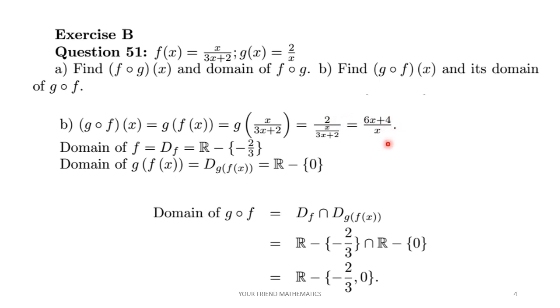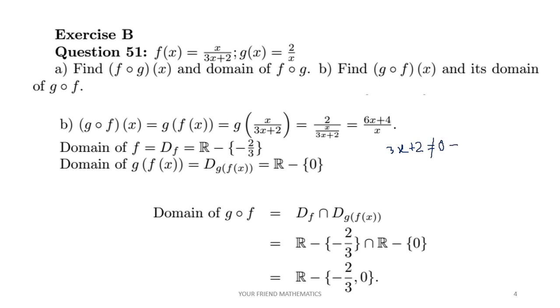Now the first function is f, so we find the domain of f. Domain of f is x over 3x plus 2, so in the denominator we get 3x plus 2, and 3x plus 2 can't be 0.